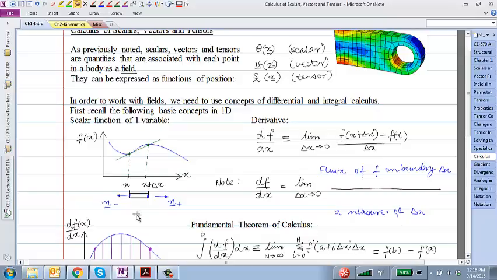It has two boundaries, one at x plus delta x and one at x minus delta x. The unit normal of a body is the outward pointing unit vector at each of these points. At this point, the outward pointing unit vector points along the x direction.